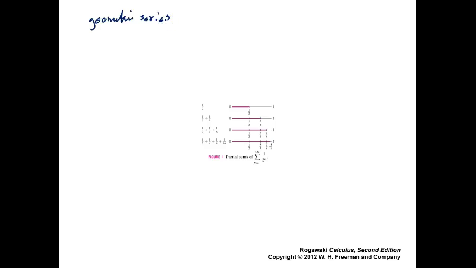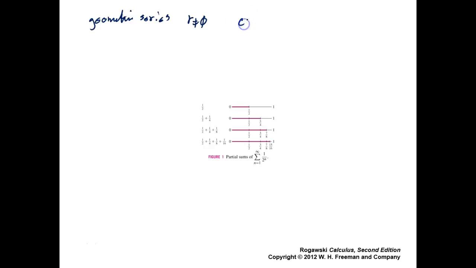Okay? With common ratio r not equal to 0, the series is defined by a geometric sequence.